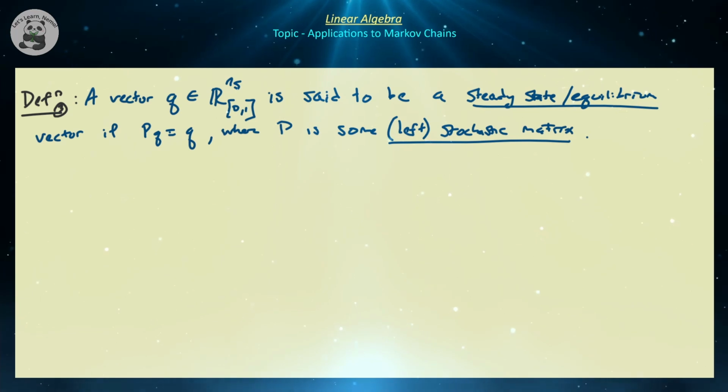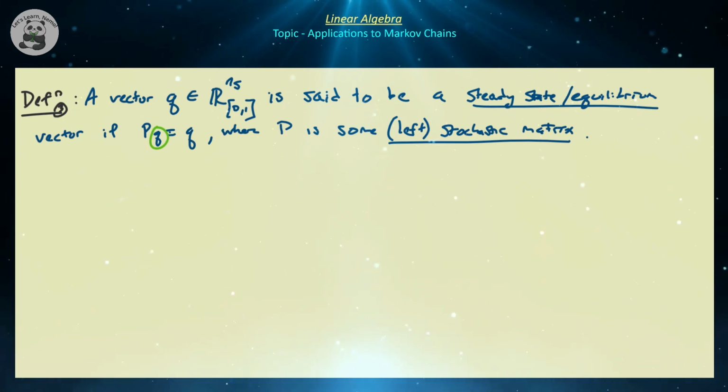So who exactly is this vector q that comes up by limiting this iteration of p onto our initial state vector x0? We call that vector a steady state vector. Some people will also call it an equilibrium vector, because it is not changing. It's steady in terms of its state. So we have some state q after some time t.